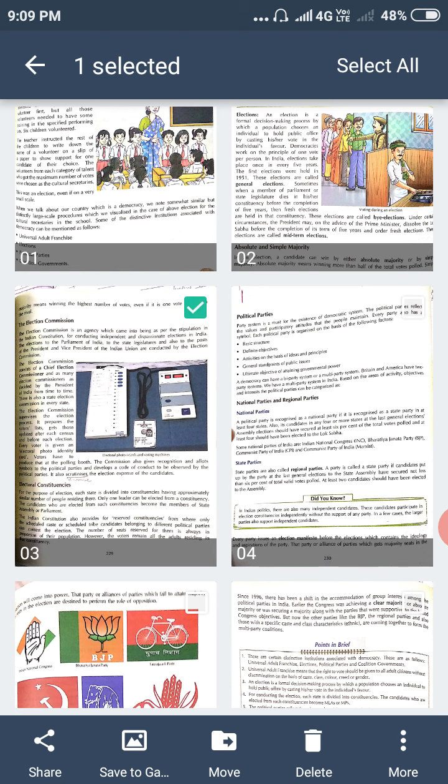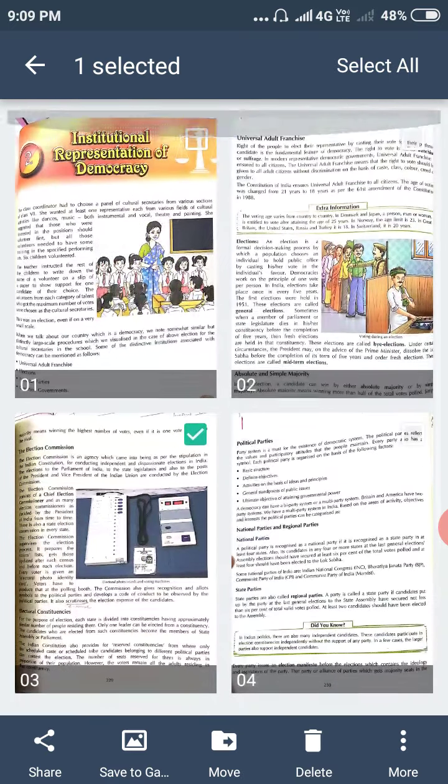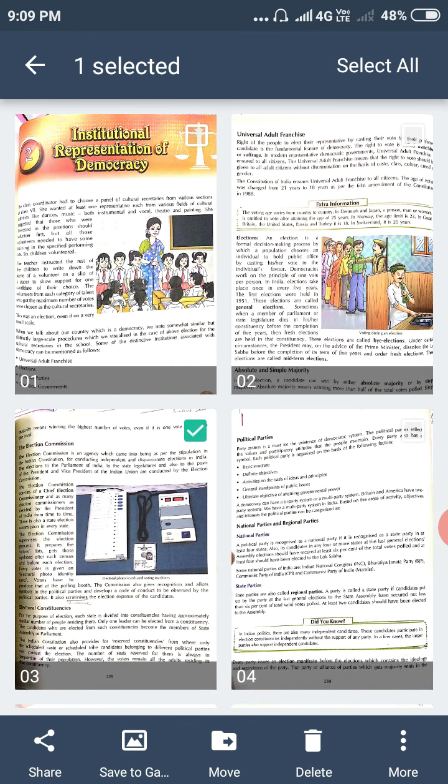So in the same way, the state is divided into small areas for the purpose of elections. These areas are called constituencies, and one leader is elected from each constituency. The members of each constituency elect their representative through elections.